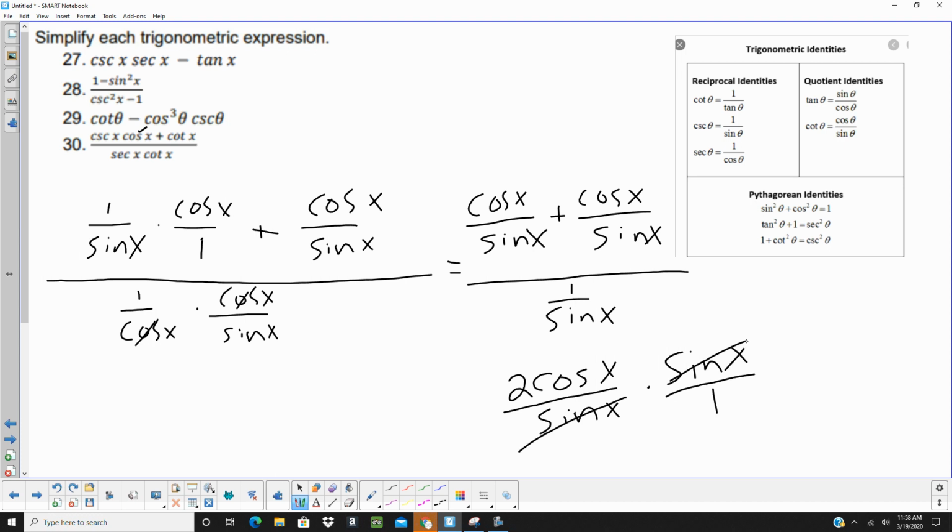Looks like those are going to cancel. And I get 2 cosine x. The trick on that one is remembering when you add like terms, which is what you have right there where I just put those check marks, you're adding the coefficients in front. So it'd be the same as 1 cosine plus 1 cosine is 2 cosines.